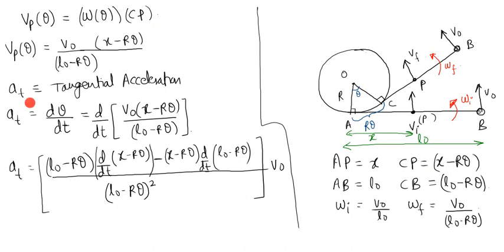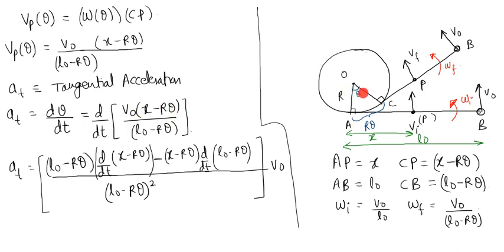So the tangential acceleration can be written as at, which is equal to dv by dt, which is also equal to d by dt of this entire expression. What I am doing here is basically trying to calculate the tangential acceleration, which is dv by dt for this particle P. So d by dt of v0 times this expression, where theta is changing with time.